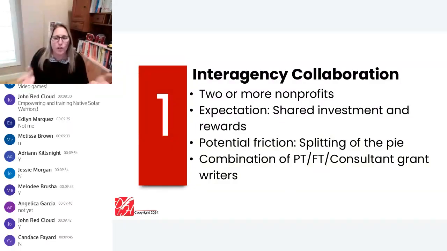And there could be some sharing of revenue, not necessarily an even splitting of the pie or the dessert, but there will be some monetary support for the collaborative partners, so that all of the money does not go just to the lead applicant.